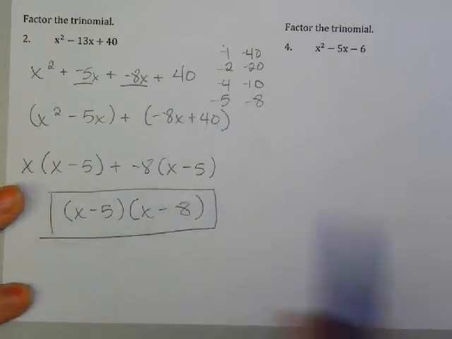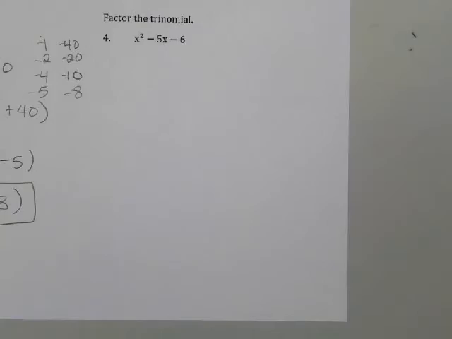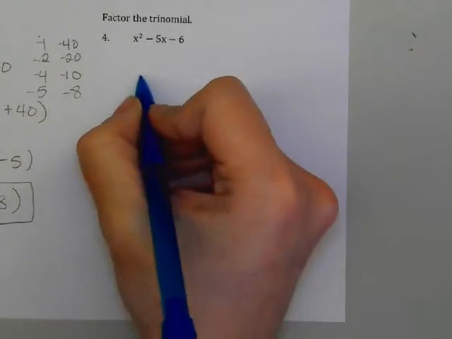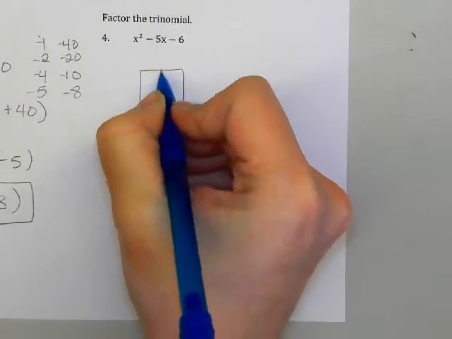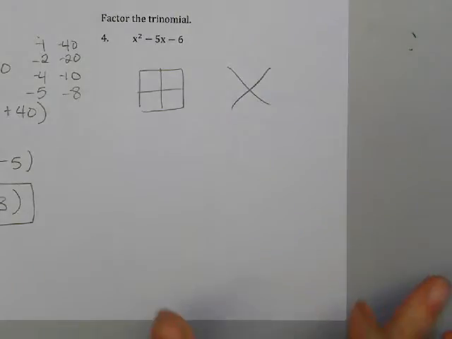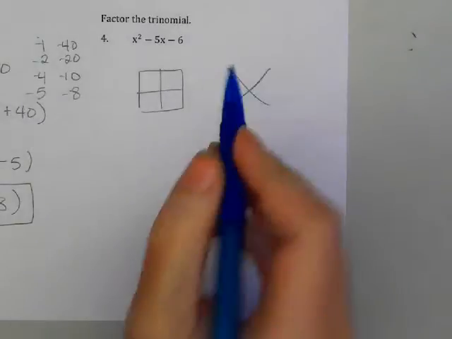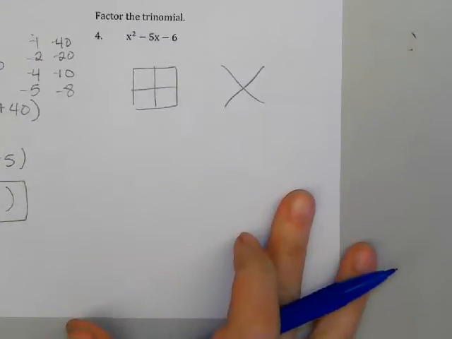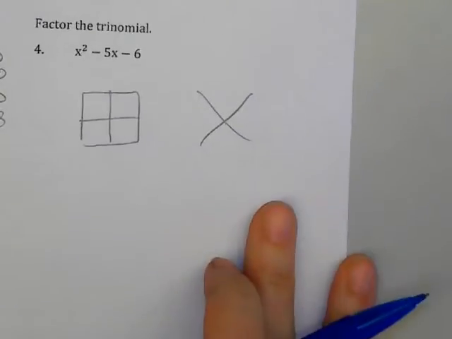My middle term. So negative 5x. Then I need to factor 6. So the factors of 6 are 1 and 6, 2 and, what's 6 divided by 2? 3. And then I'm back to 3 and 2.